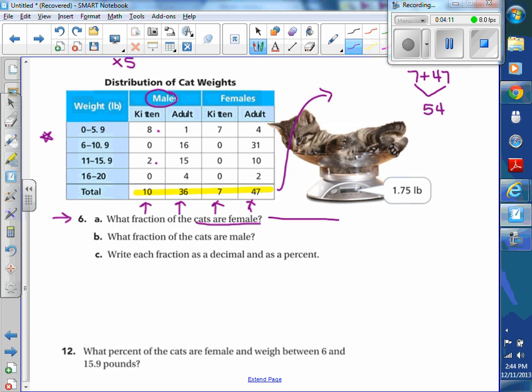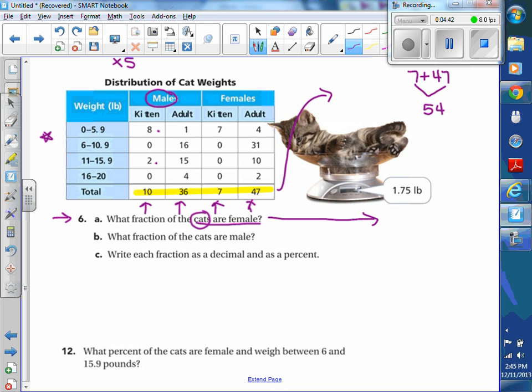And so to do 6 part A, you use that 54 how? So you got 54, that's all the female cats. When it's asking what fraction of the cats are female, this is the whole. So you know that there's 54 female cats.